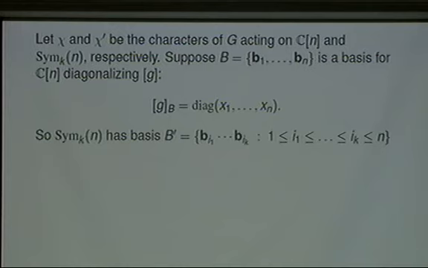It turns out that if I have any basis for my original vector space, I can get an induced basis B prime for Sim merely by taking k-tuples of the basis elements from the original basis with repetition. This is a well-known fact about Sim. So if I want to compute what G does in Sim, I can compute it on this basis and see what happens.